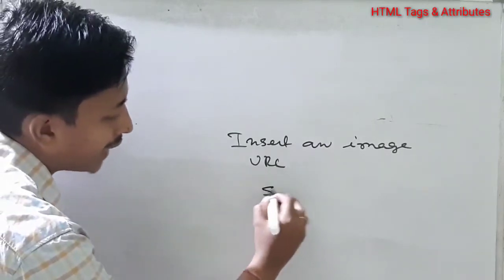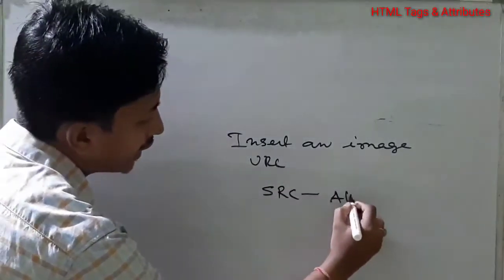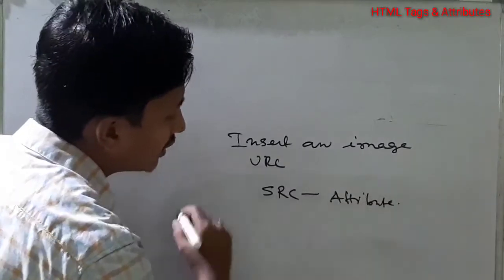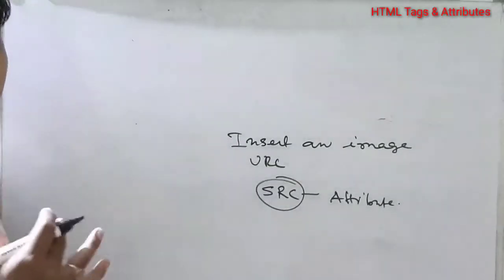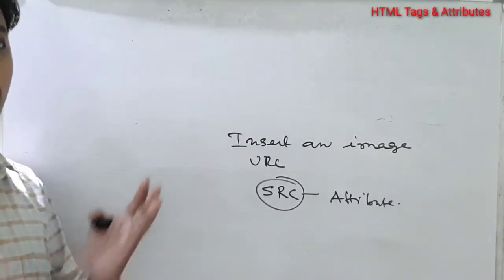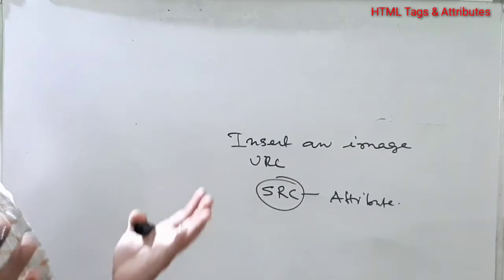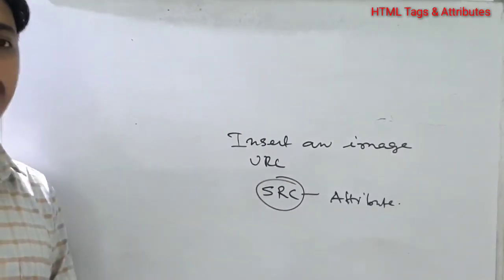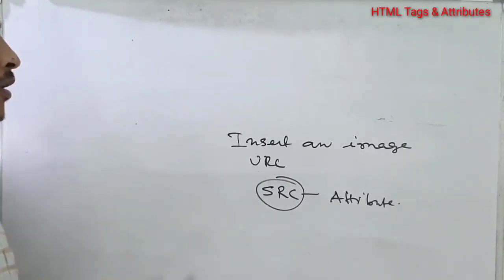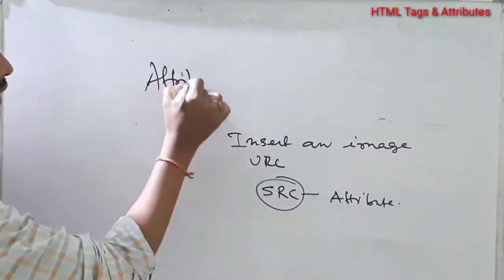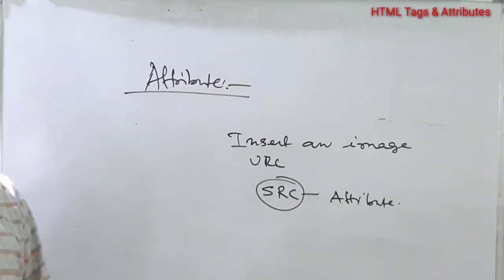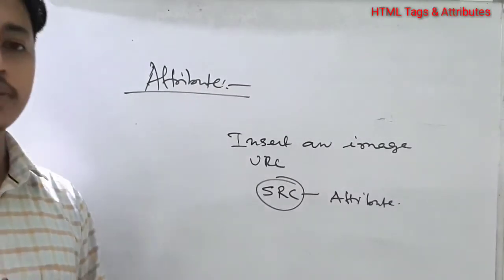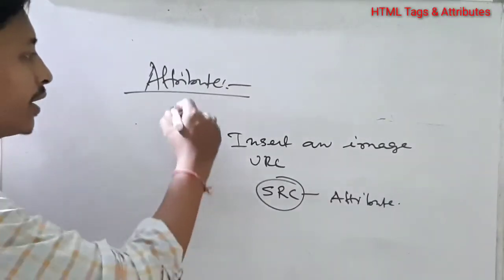Then you have to use src, source. This is an attribute. So these are some attributes. Attribute means additional information of a particular text. You can change the color, the font, and the size of the text, everything with the help of attributes. So attributes are so important in HTML. With the help of attributes, we can change the color, the settings, the font, everything.